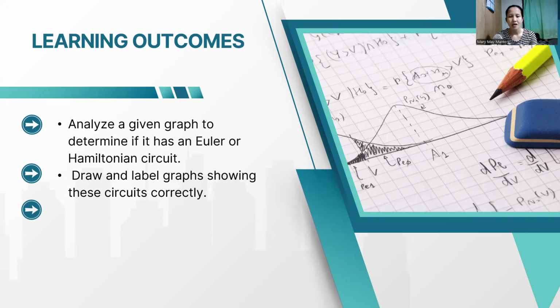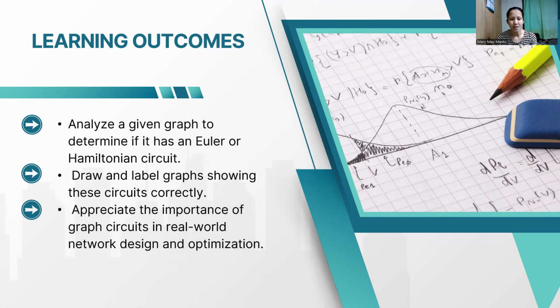So while the video is in progress, I will advise you to have your scratch paper or any notebook, and then you will try to draw and label the graphs based on the given examples later. And of course, at the end of our session, you're all expected to appreciate the importance of graph circuits in real world network design and optimization.